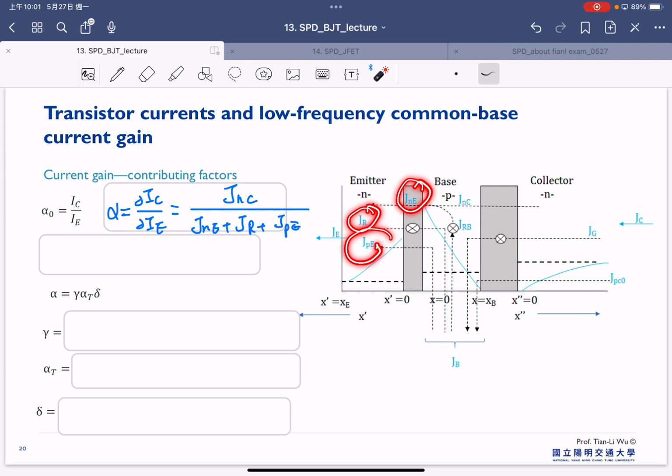All these three become the current on the emitter side. And now we can also play a small mathematical trick and divide this equation into the three small factors, which are shown here.